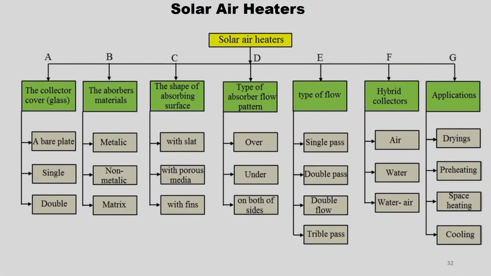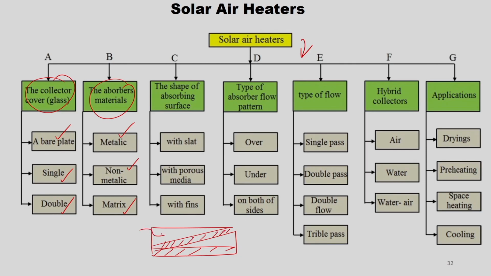If you see the solar air collectors here, various kinds are there. We are not going to discuss them in detail, but based on the glass cover, a bare plate can be there, and single and double glass cover; based on absorber material, metallic, non-metallic and matrix type. This I have already told. In the metallic matrix type, instead of the absorber plate, you have insulation here and you have a porous matrix.